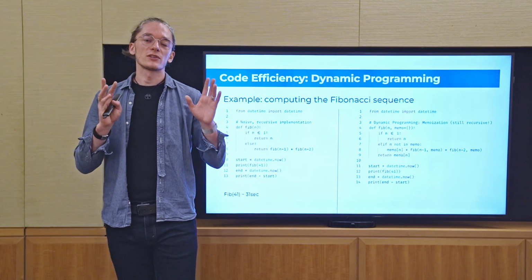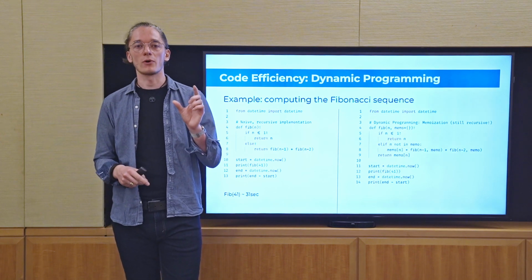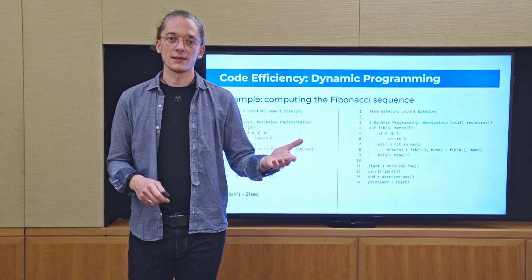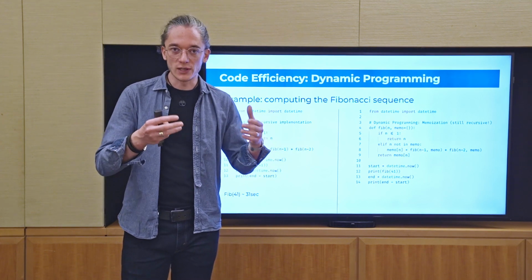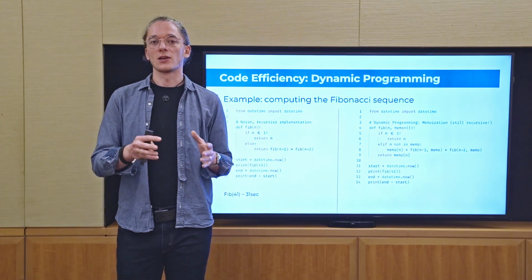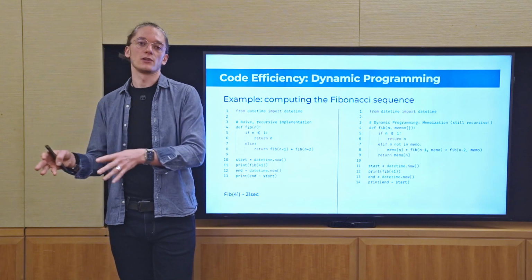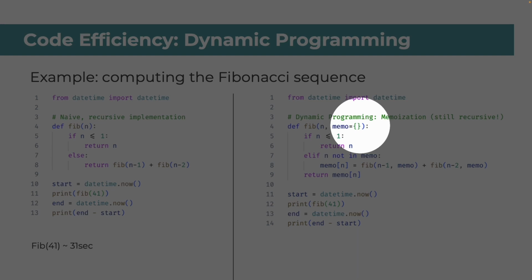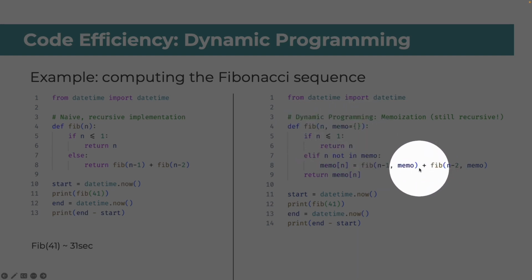We save so much time if we just memorize what we have computed before, so we don't have to do that again, and only compute what we don't know until a given point. So whenever we call the function, we also give the function this little memory, and so it can add to the same set.